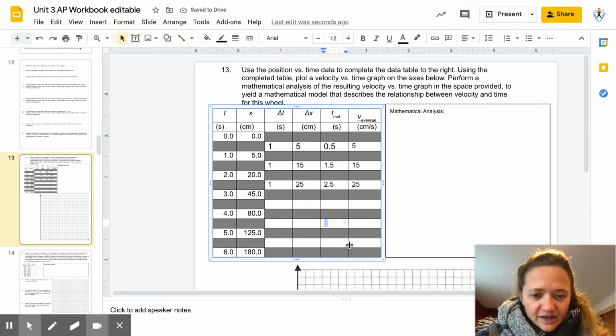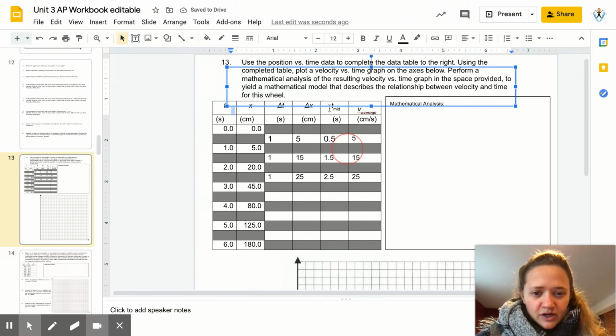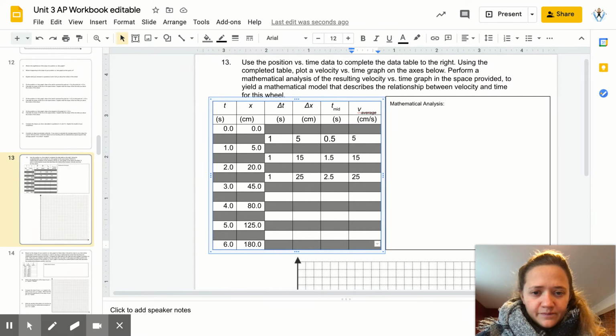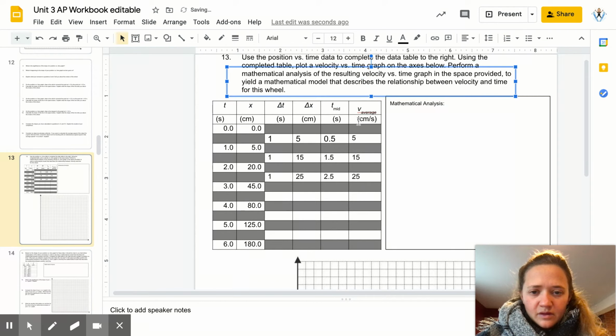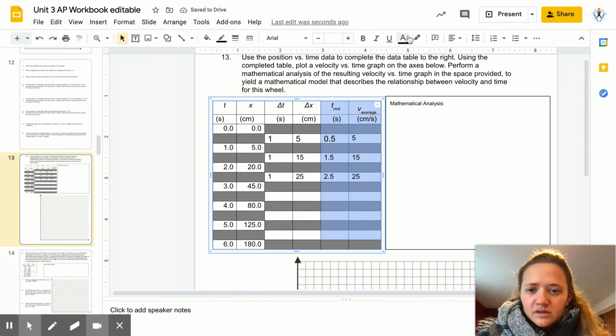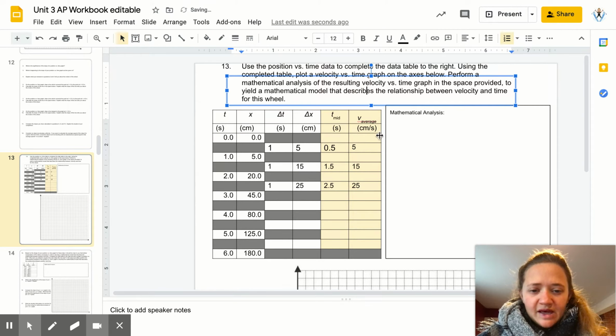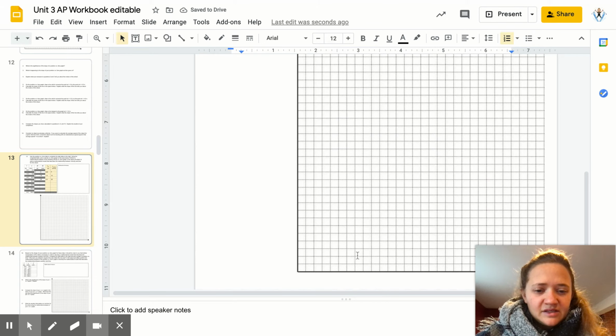So now you're going to take these two columns here and these two columns, and we are going to use them to graph a velocity time graph.